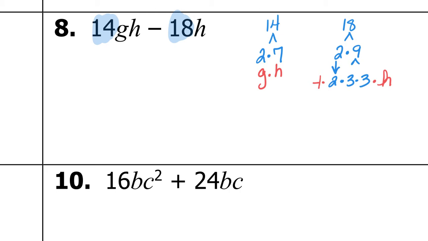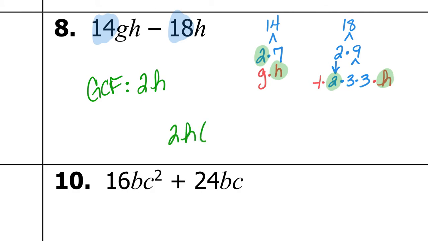Looking at what they have in common, they have a 2 and they have the letter H. So my greatest common factor is 2H. That GCF is what's going to start my factored form.